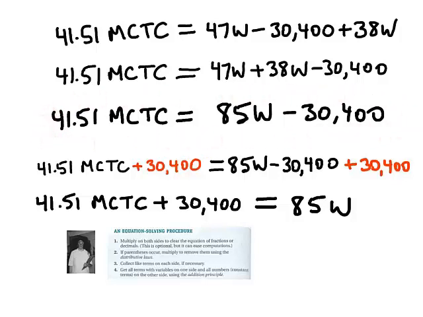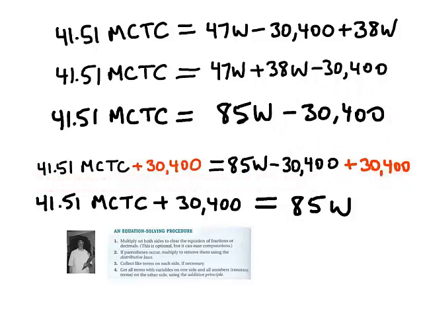Okay. Having done that, then, we have a look at this expression here, and we're in a position now to use the addition principle to isolate the term containing W. And that means everything that doesn't contain the variable of interest W needs to move over to the left-hand side. And that means that this negative 30,400 has got to go. So, as you can see from the next line, what I've done is shown in red.